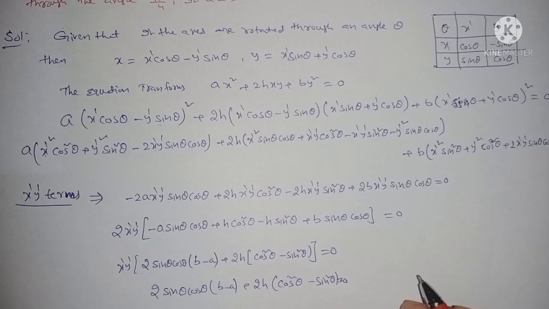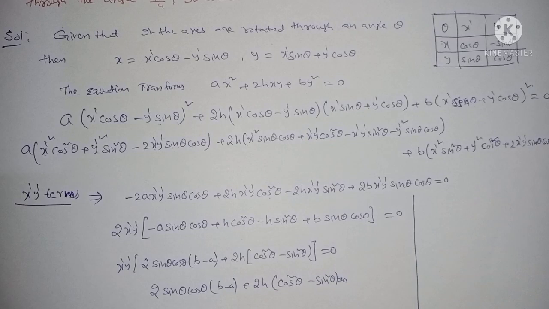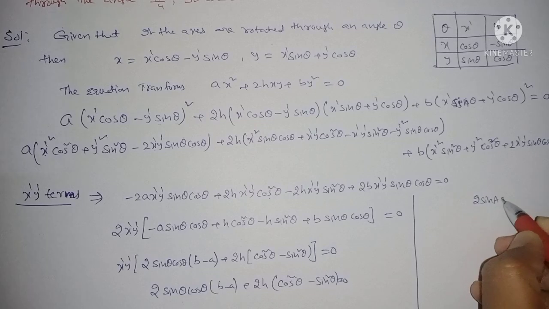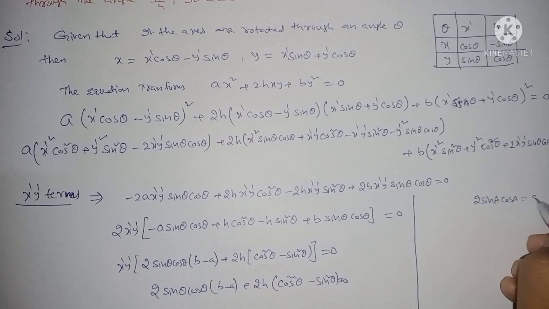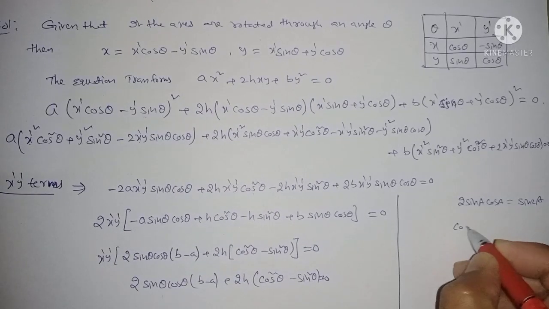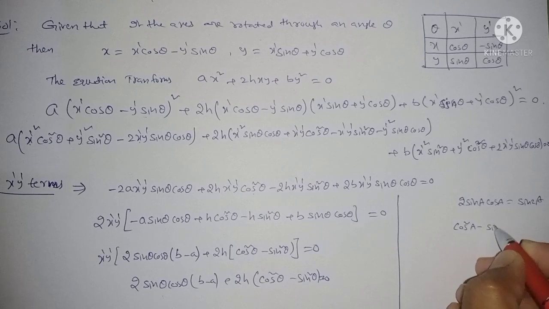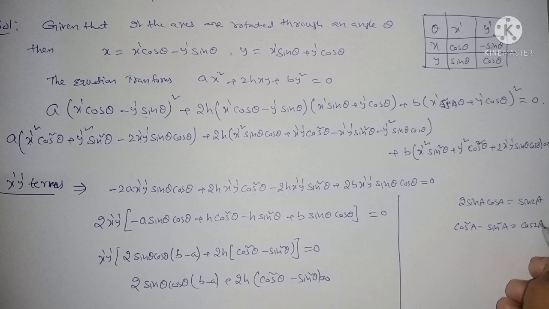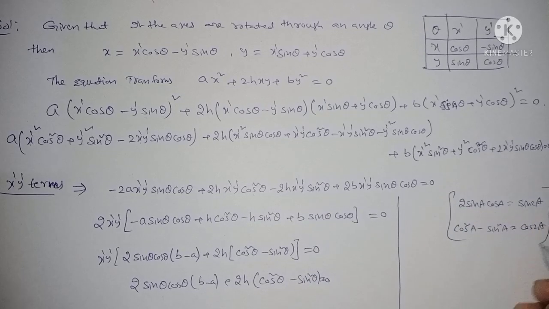You can listen, what is the form of this one? 2 sin a cos a is equal to sin 2a. Okay, and cos square minus sin square is equal to cos 2a. I am using these two formulas.